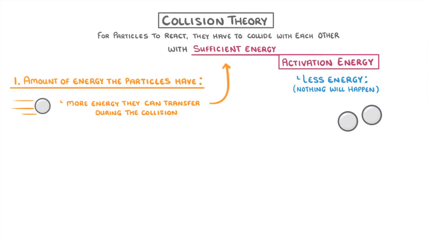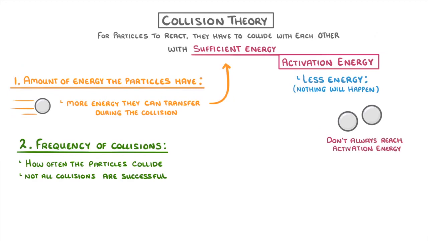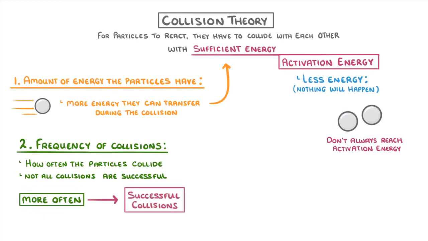The other important thing is the frequency of the collisions, which just means how often the particles collide with each other. So even though not all collisions are successful, because the particles involved don't always reach activation energy, the more often they collide, the more successful collisions there'll be overall.